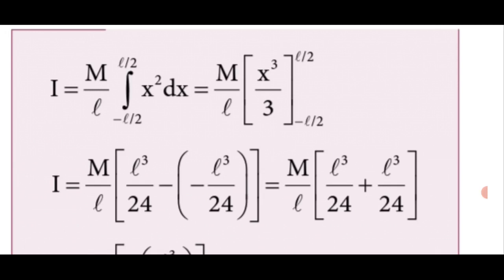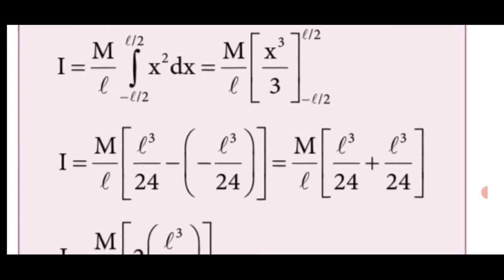And the minus limit gives the same value. Already we have 3 in the denominator, so L cube by 8 into 3 is 24. So we get L cube by 24 minus of minus L cube by 24. That is equal to M by L into, minus of minus becomes plus, L cube by 24 plus L cube by 24.